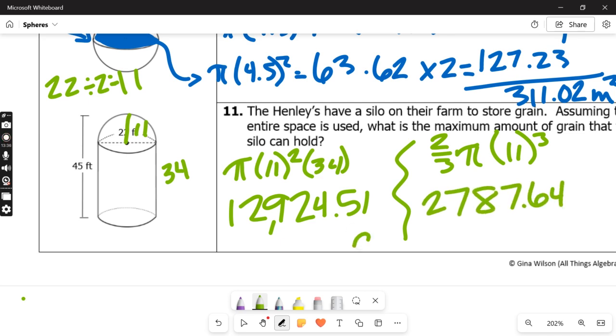And then I'm just going to add these two together. And when I add them together, I get 15,712.15 feet cubed.